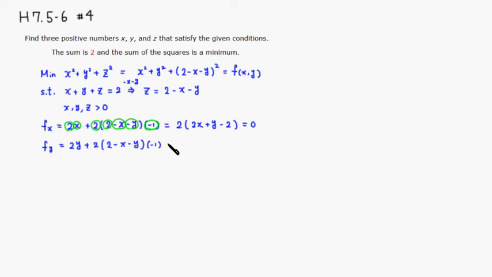So 2 is in common, so pull that out. Negative 1 times negative x is just the positive x. And then you have negative y, and times negative 1 would be positive y. There's another y, so it's going to be 2y.